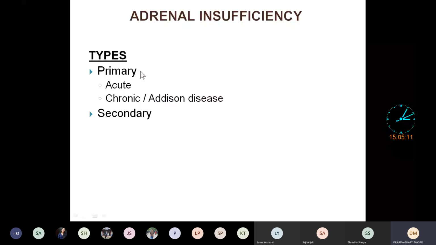The primary is acute and chronic, and then the secondary is there. Adrenal insufficiency means Addison's disease, isn't it? Whenever the adrenal gland shows an insufficient amount of hormone production, that time it is known as Addison's disease. It is of two types, primary and secondary. The primary is divided into acute and chronic. Chronic is also known as Addison's disease.